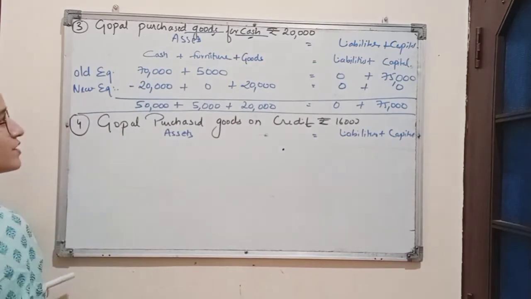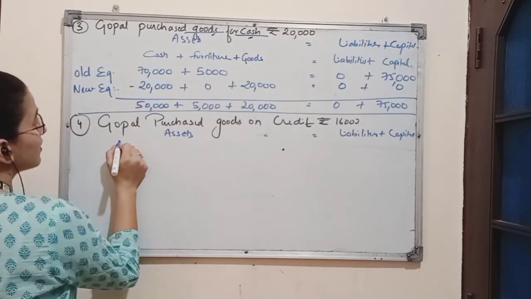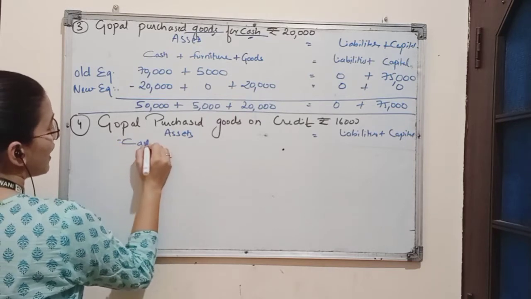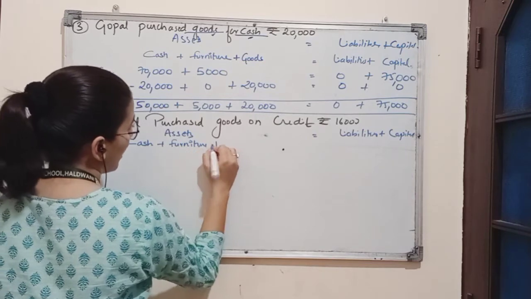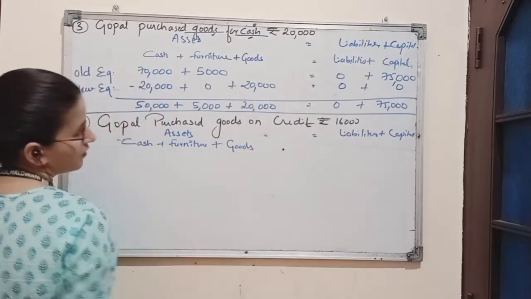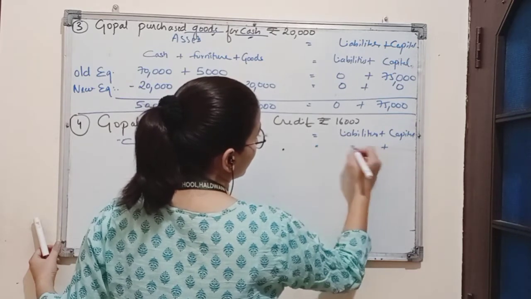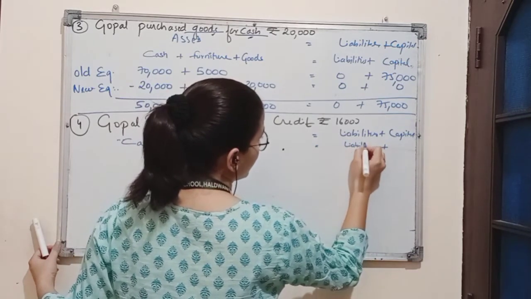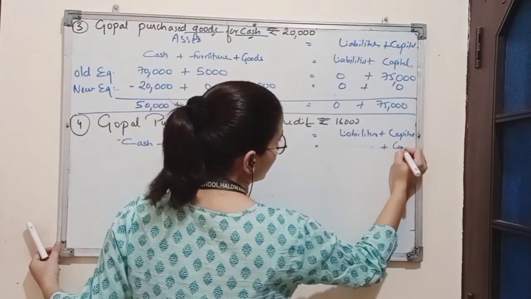In the old equation, there were 3 columns of assets. First is cash, furniture and goods. Liabilities, and there is no liability here.